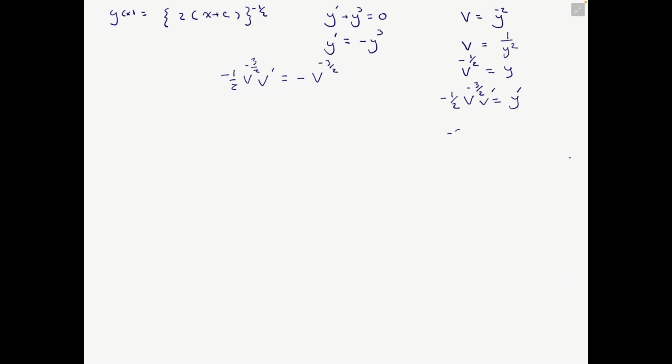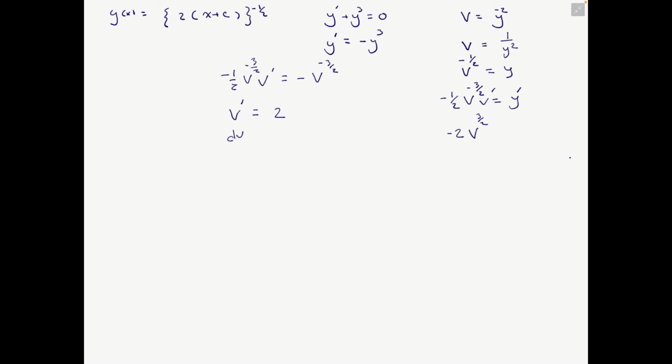So we want to multiply through by v to the 3/2. Our multiplier is minus 2 times v to the 3/2. So we have v prime equals 2, and that's it.